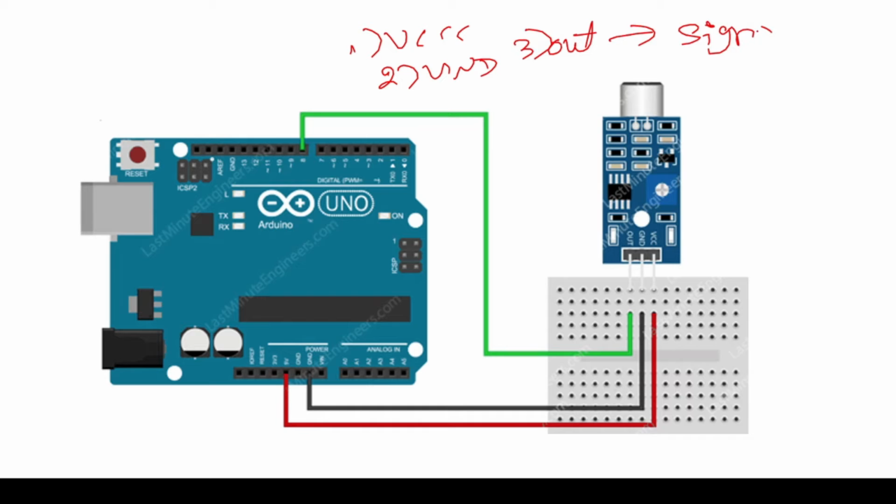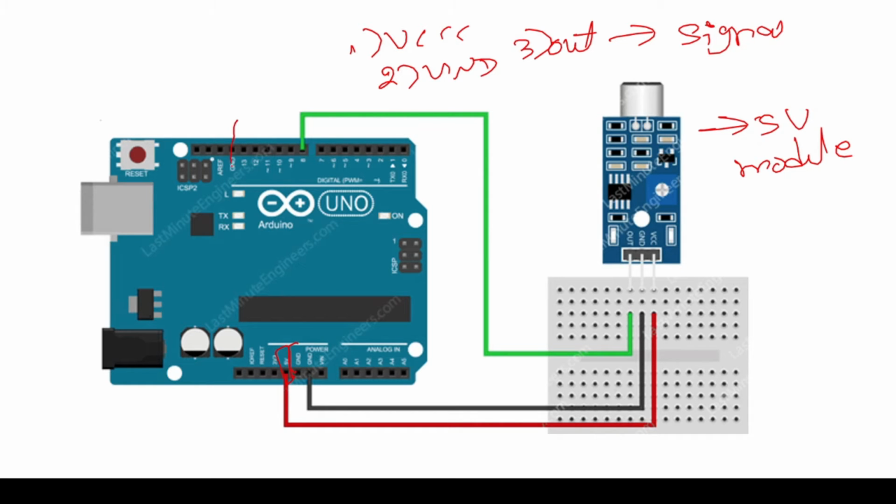This is a 5 volt module and requires a 5 volt supply for operation. So we use the Arduino's 5 volt supply for VCC, the ground of the Arduino is connected to the ground of the module, and the output pin of the module is connected to pin 8 or pin 7 or any digital pin of the Arduino.